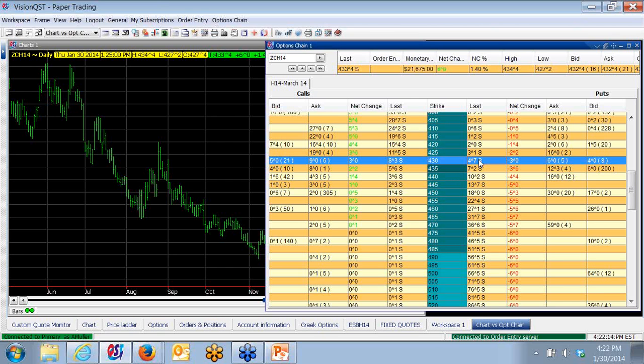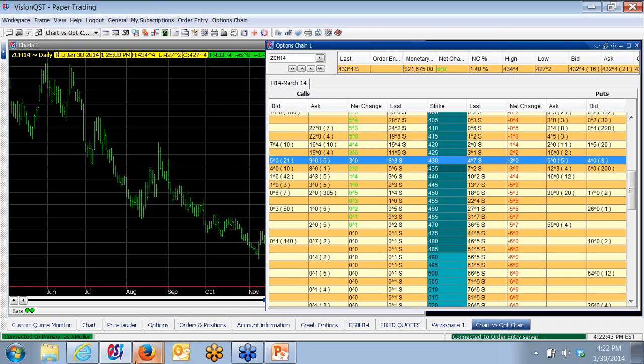If the 430 option expires today with a market at 433.5, this would be worth 0. So all of the money that is being paid here is out of the money value. Not far out of the money, but nonetheless out of the money. So the market needs to overcome all that, and people paying for this are paying strictly for the time that remains in the option to make the move that they expect.